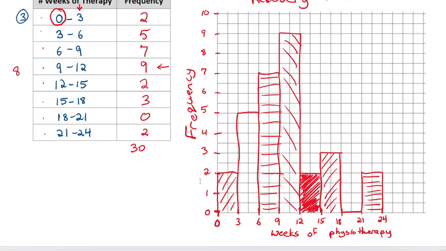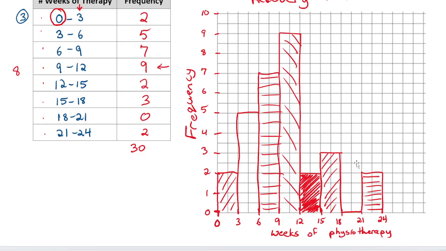We can easily say most people take between 6 and 12 weeks. There's some that take a lot longer, but it's a lot rarer. It's not very common to take more than 18 weeks, things like that. And we can estimate where the middle of the data would be. It's probably somewhere around this 12-week period.